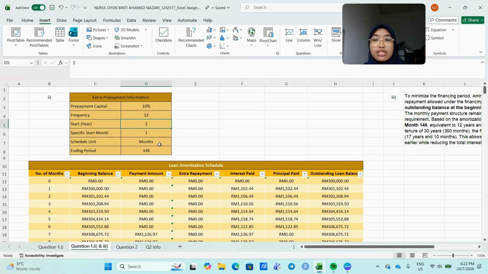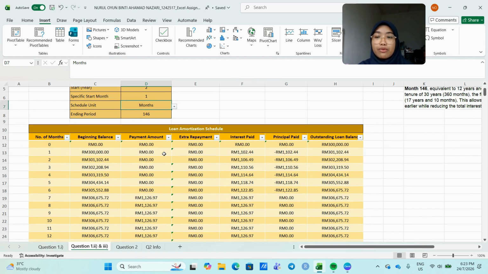The schedule unit can be changed from months to years. After we calculate the amortization schedule, the ending period I got is 146 months.